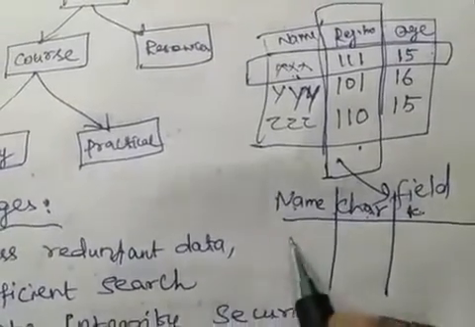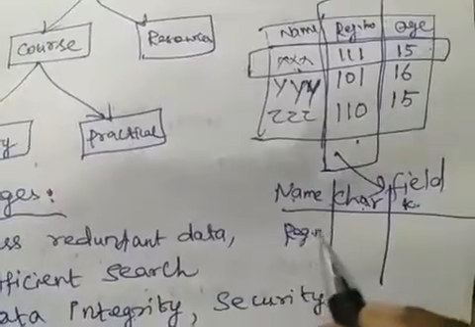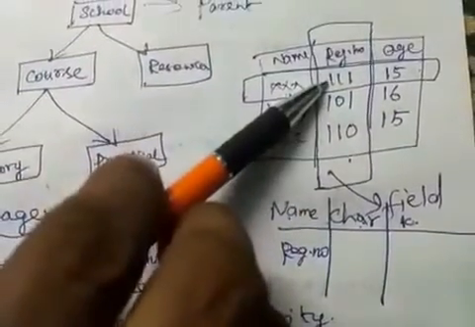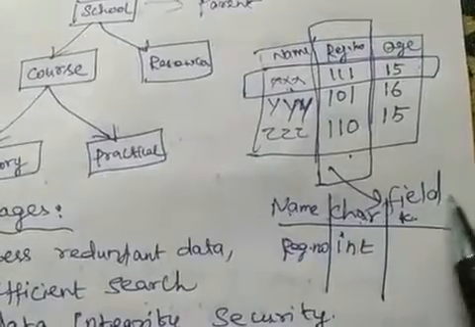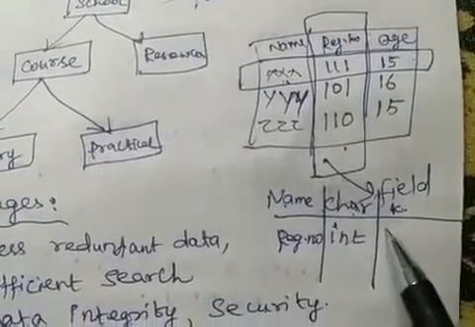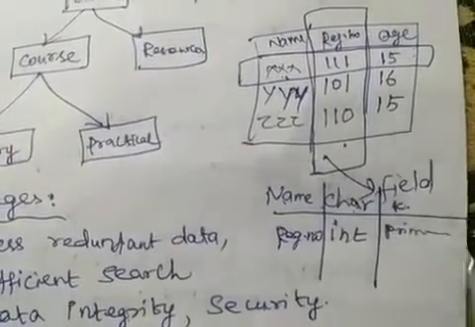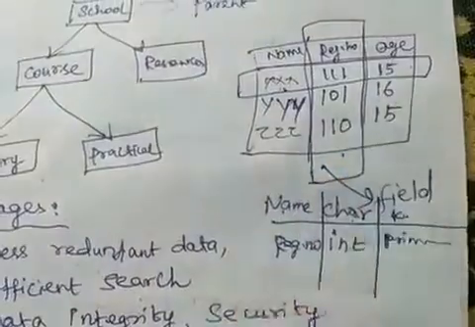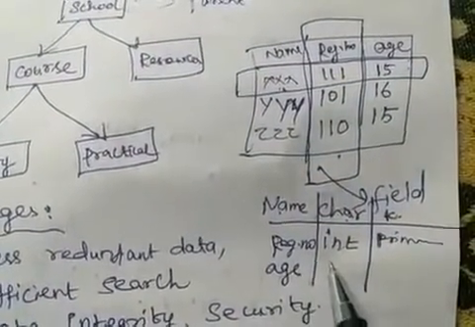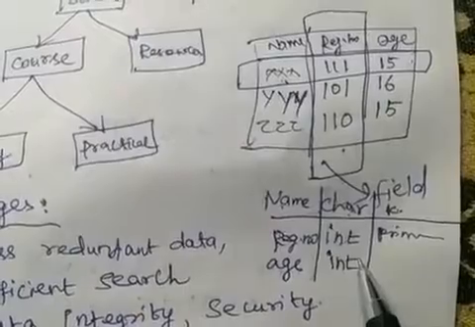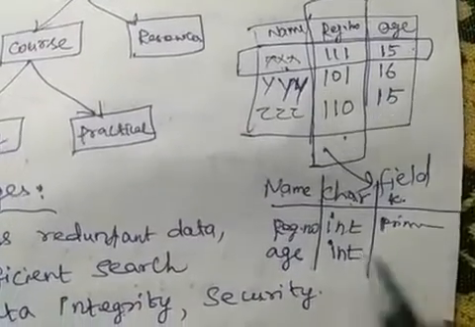And the next field is register number. So what kind of data gets stored in register number? It's a number, so we can store it as integer. And then it must be saved as the primary key. And what is the next field? Age. So what is the data? Numeric. So an integer data type gets stored in that field.